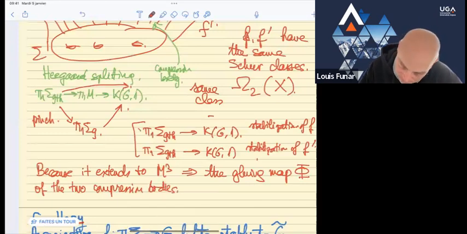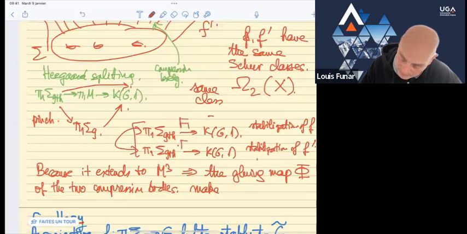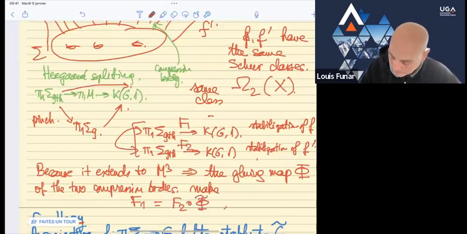So I am taking a lift of it, and this is sending this pi1 of sigma G plus H into itself. Make the stabilization of F, this is F1 and this is F2, and actually make F1 equal to F2 composed with a lift of F tilde. It's an automorphism of pi1 of sigma G plus H.